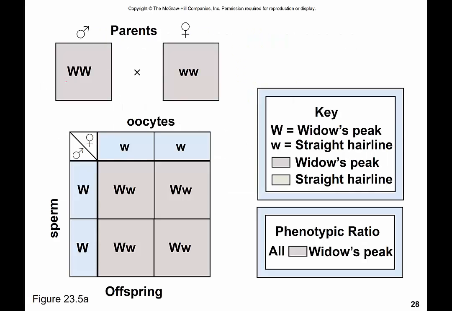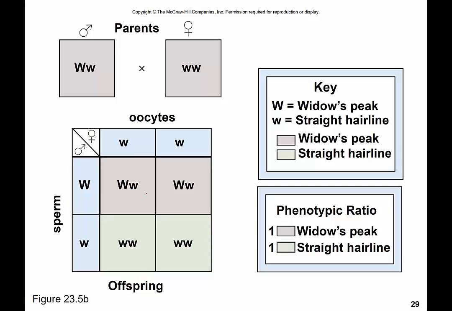If the parent was homozygous dominant and was crossed with a homozygous recessive individual, then if we work out a Punnett square here, all of the offspring should have the dominant phenotype. So here, this is represented by all having widow's peaks.